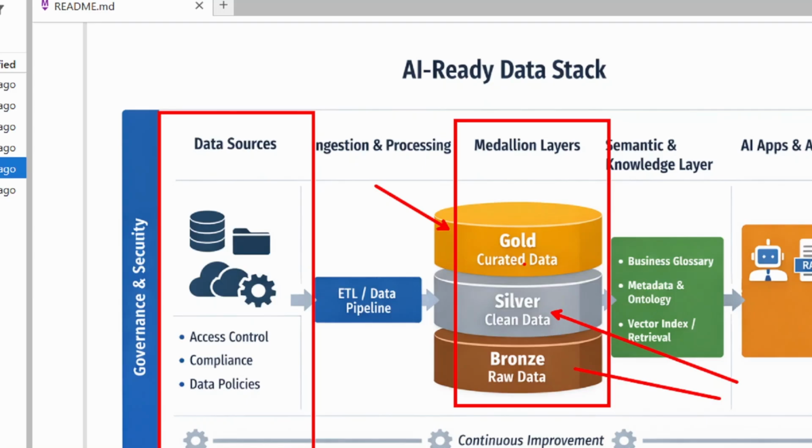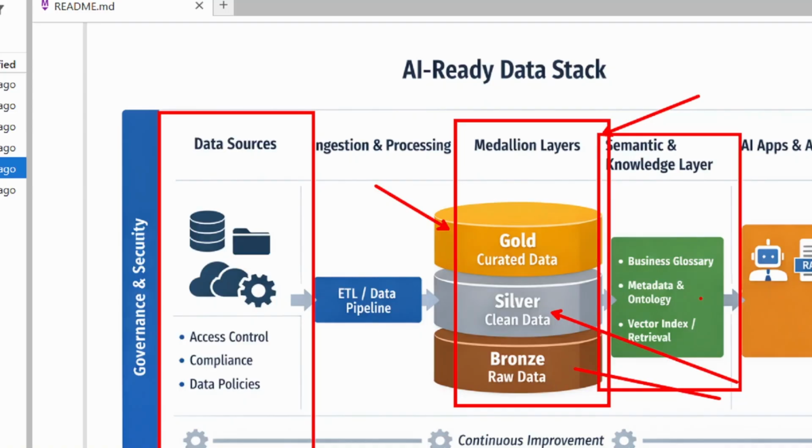And then this is the key part here. Once you've finalized your data, you are going to have the semantic and knowledge layer. This is the key part for AI. The semantic and knowledge base is metadata, the vector indexer, retriever, and so on.